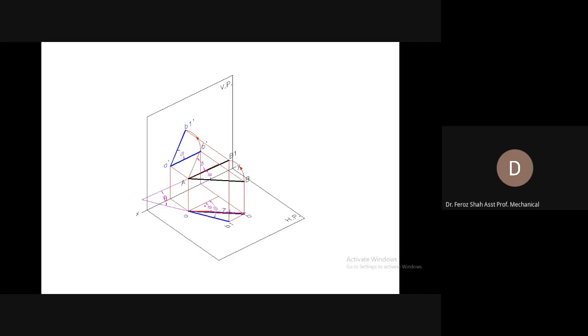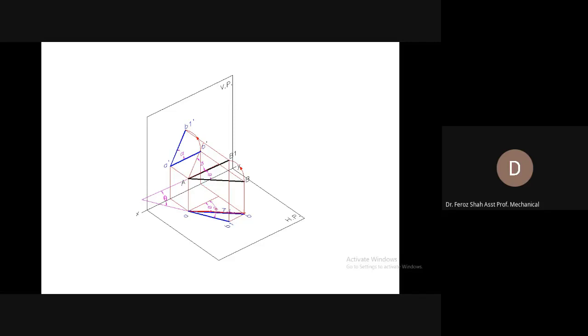But when you increase theta from 0 to some angle, the top view also gets shorter and also appears at an angle greater than phi, and this apparent angle is called beta.